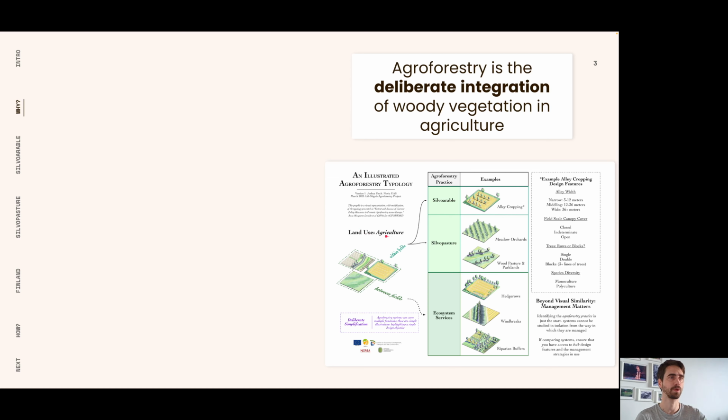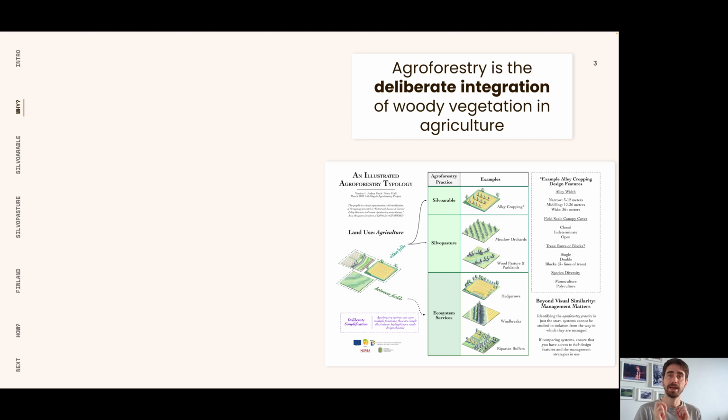So I've already said that we're going to focus on agriculture in this project. So if the land use is agriculture, we're looking at dividing the agroforestry practices, somewhat arbitrarily, but for ease of understanding, into practices that take place within fields, so inside the field boundary. So those will move up here if you follow those arrows. Or between fields. So between the boundaries of fields or between fields and forests, fields and other land use types.